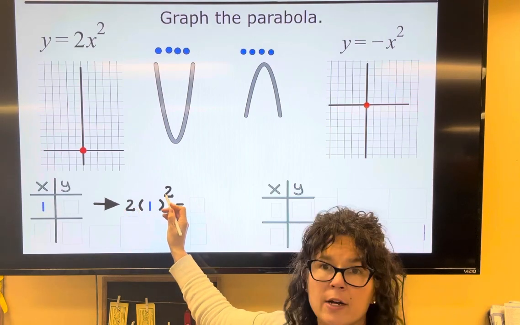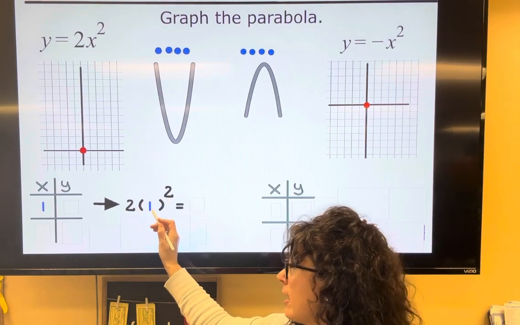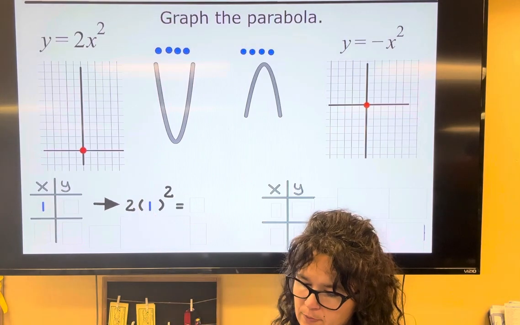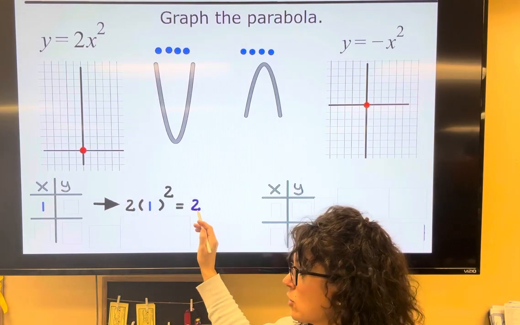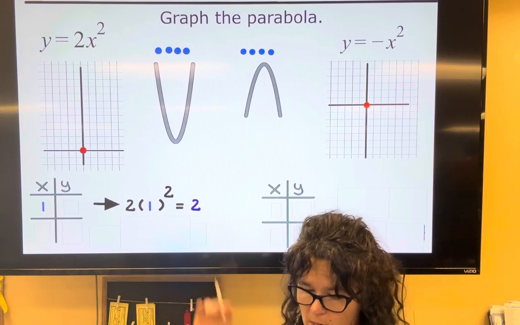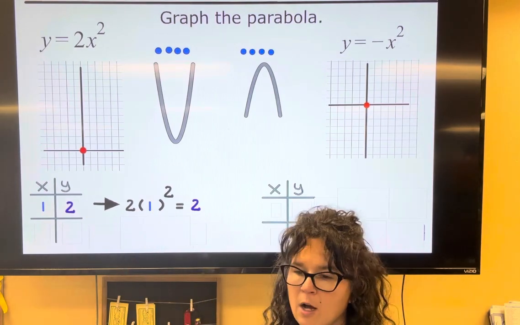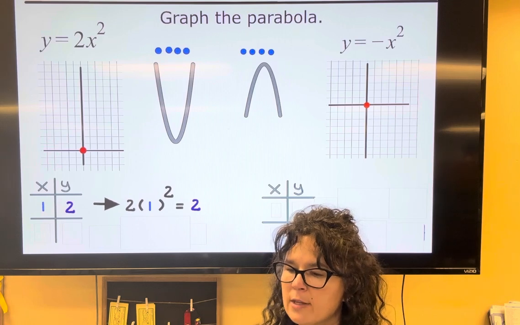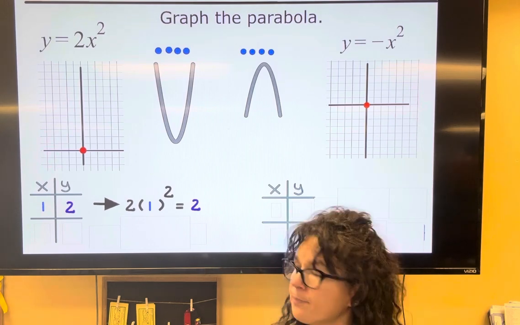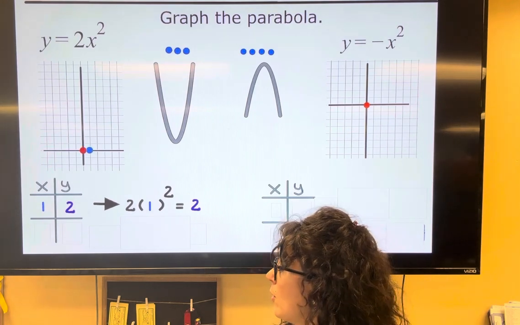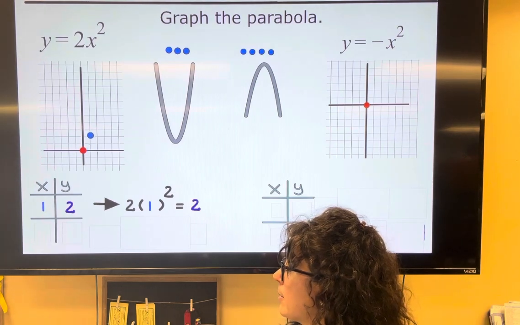So 1 squared, 1 times 1 is 1, and then 1 times 2 is 2. So we've got an answer of 2 when we substituted 1. So I have the coordinate 1, 2. I'm going to use one of these points I have up here, and I'm going to plot that point, right 1, up 2.